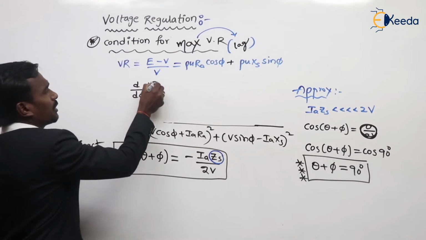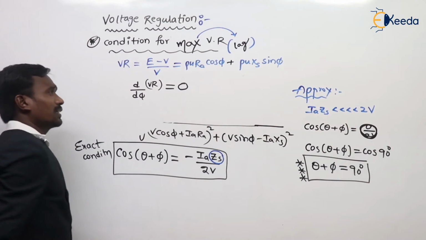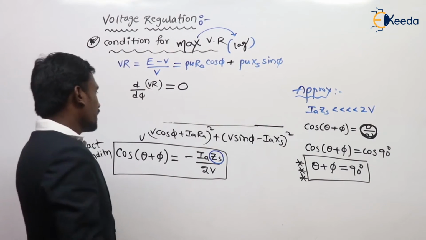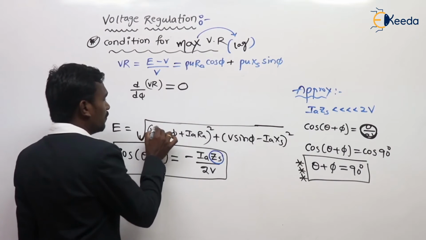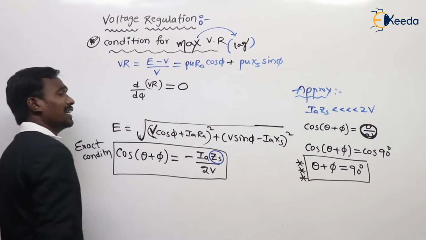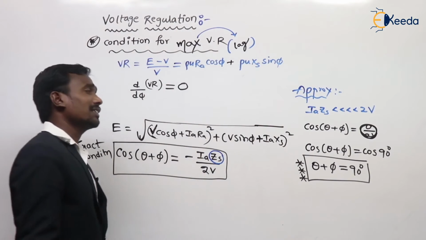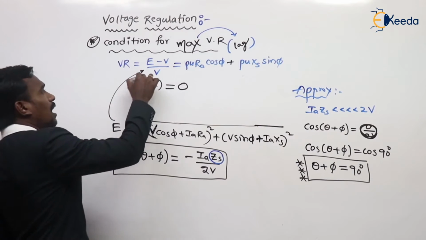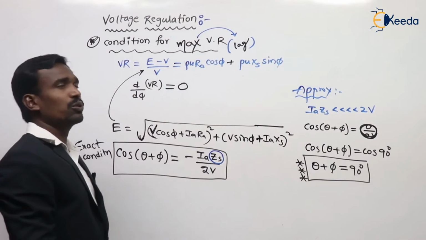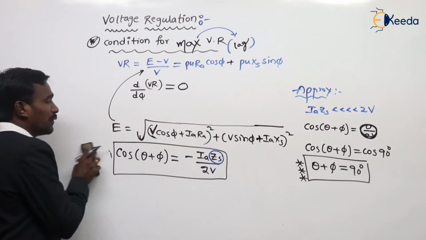differentiate the voltage regulation with respect to variable and equate to 0. Here, what is E? E is equal to the square root of (V cos phi plus IA RA) whole square plus (V sin phi plus IA XS) whole square. We have to substitute here and differentiate with respect to the variable, that is either IA or phi.